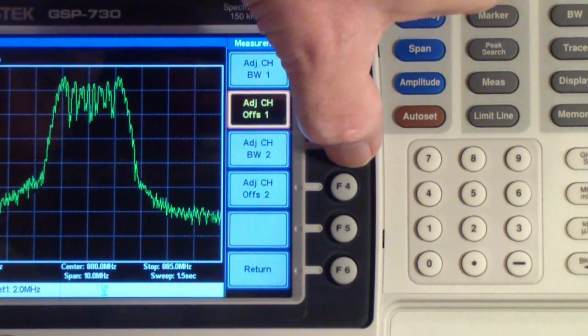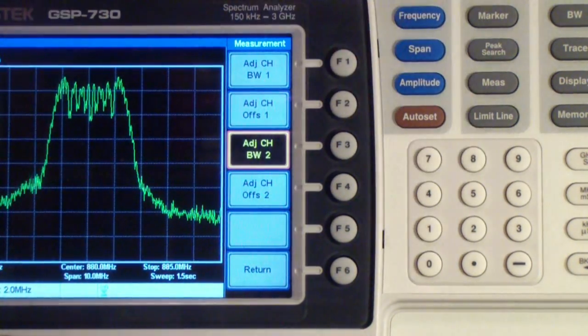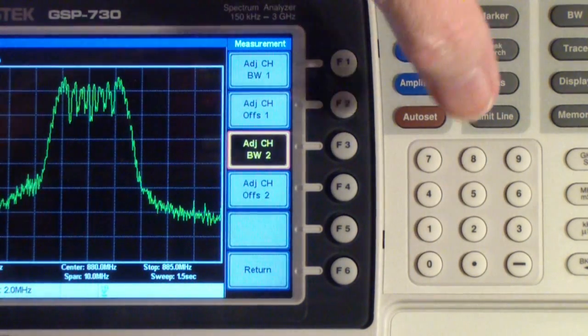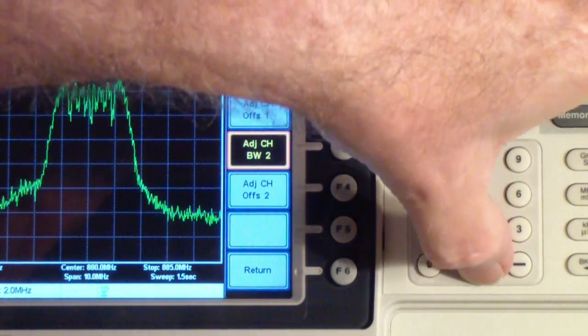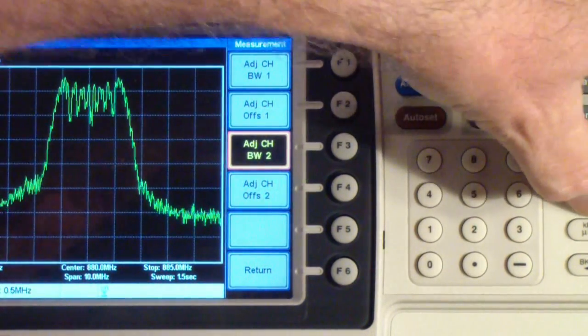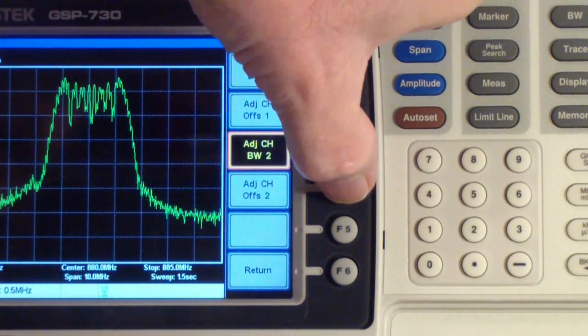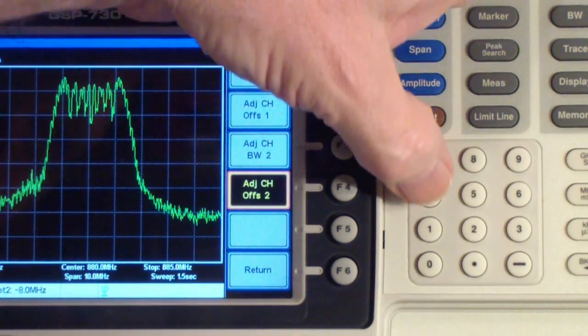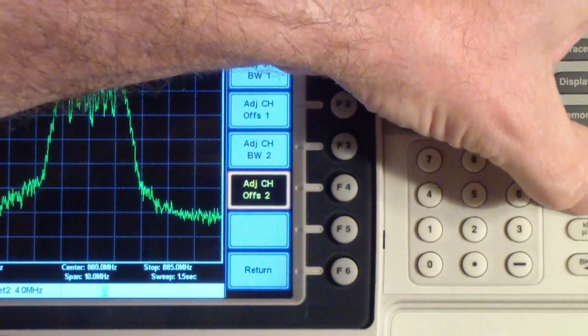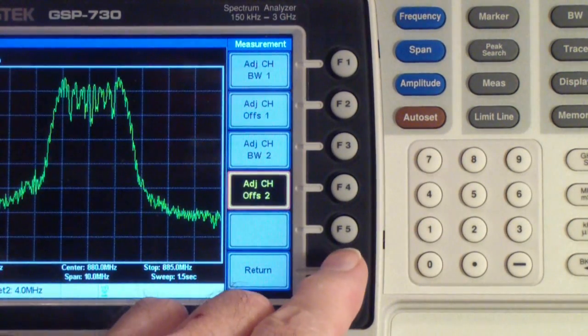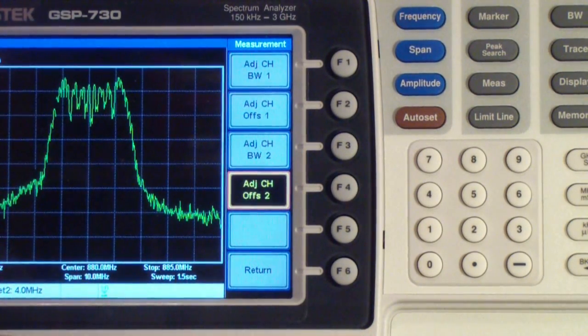The adjacent channel bandwidth for channel 2 is 0.5 megahertz, and the adjacent channel 2 offset is 4 megahertz. And now we will return.